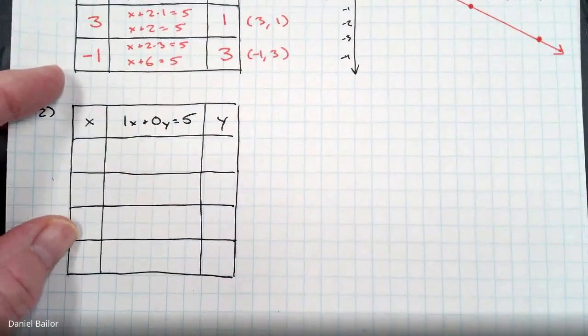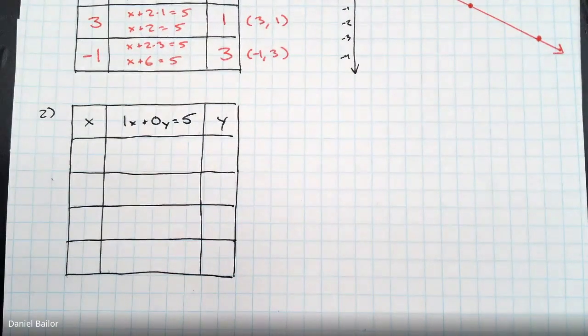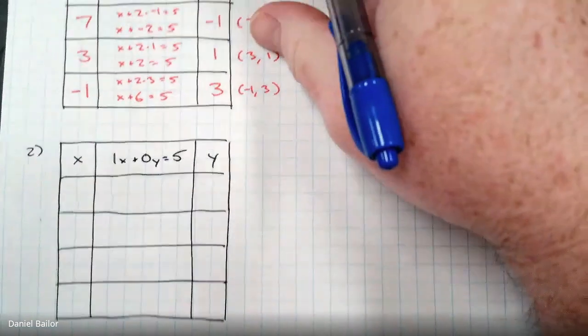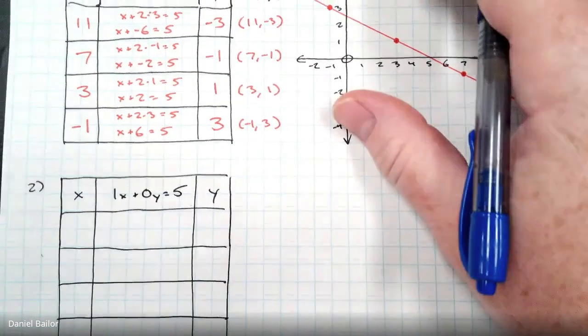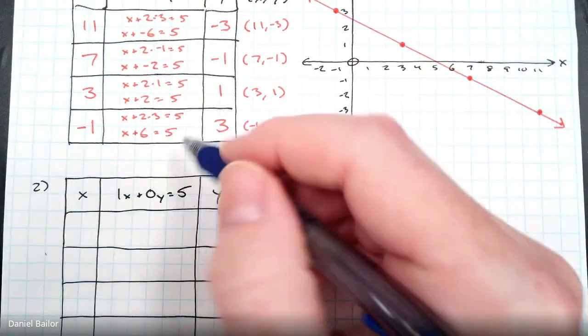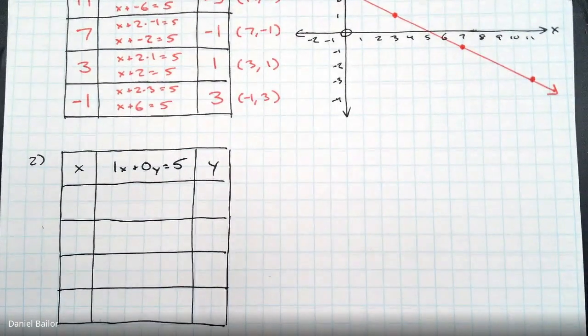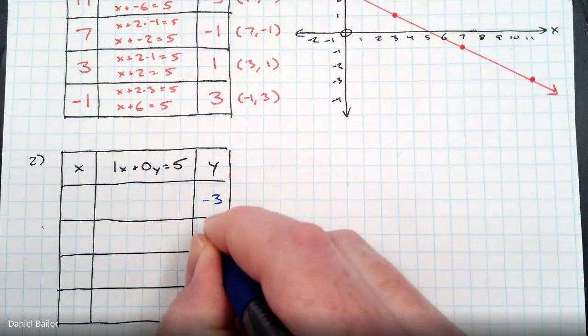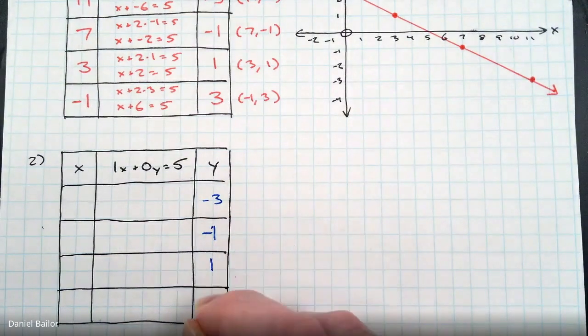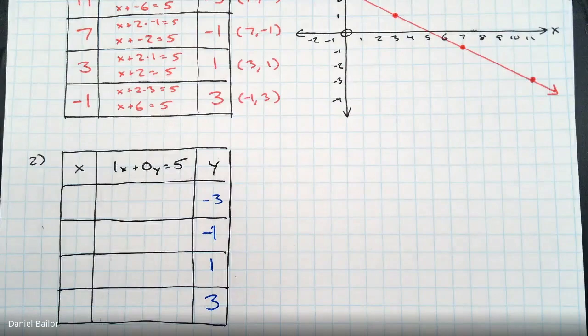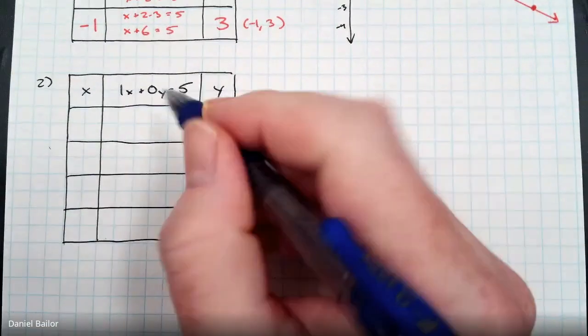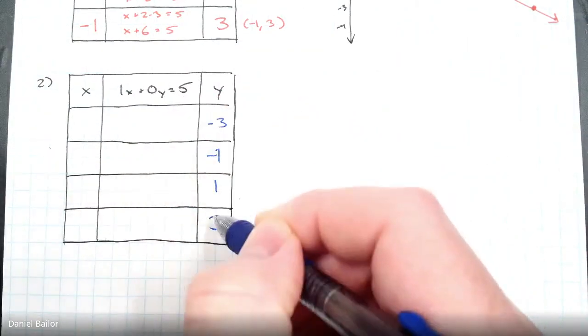And now I'm going to solve this one and graph this one. You know what I'm going to do for this? Just to keep it simple, I'm going to use the same y's that I used in number 1. -3, -1, 1, and 3. And we'll see what happens with those. So this is the equation I need to use.